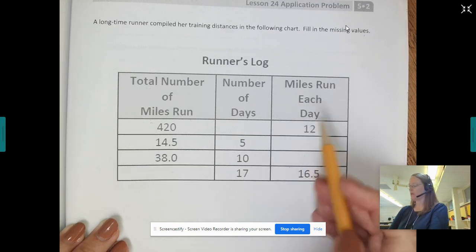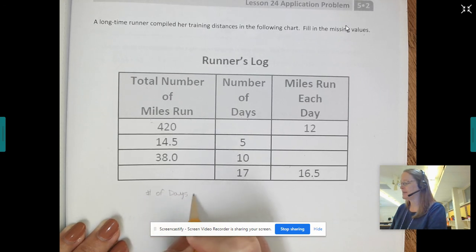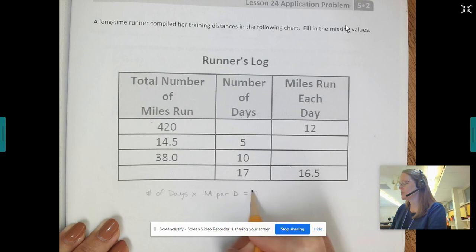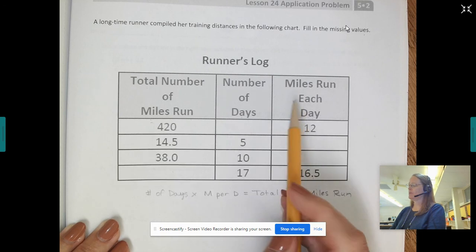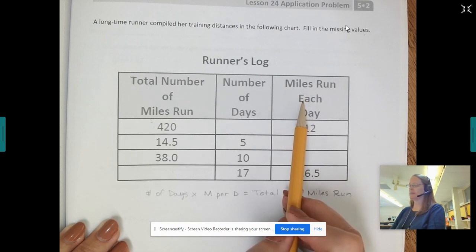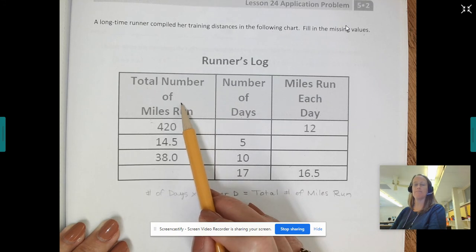So it's the number of days times miles per day equals total number of miles run. In other words, we're multiplying this column times this column to get this column.